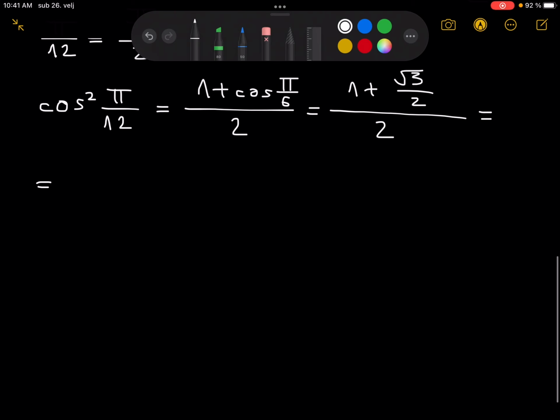So this is equal to 2 plus the square root of 3 and everything over 4.